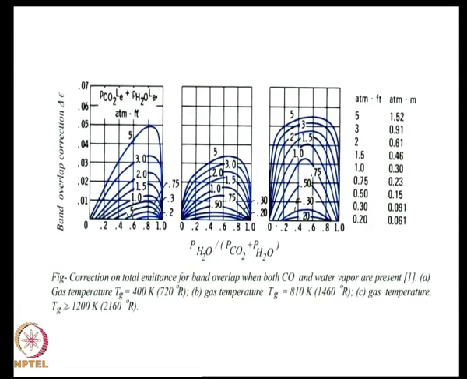At either extreme of course the correction is not there, because you have either pure H2O or pure CO2 here. So, these charts have been routinely used by engineers to calculate the performance of furnaces and boilers.